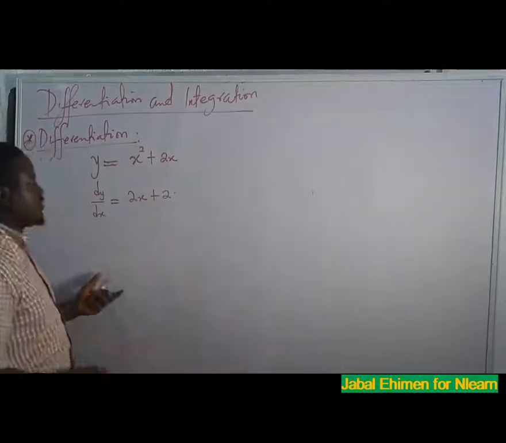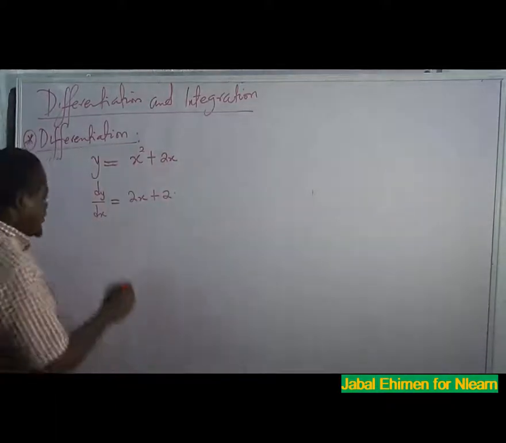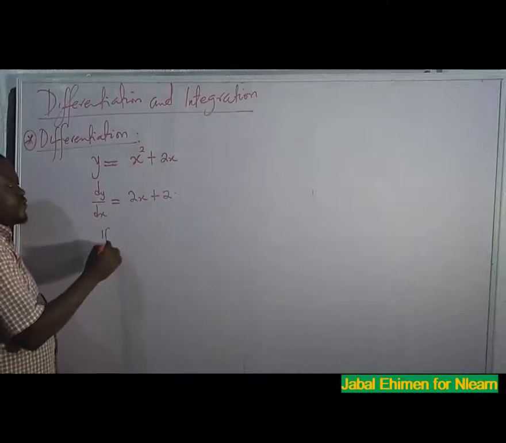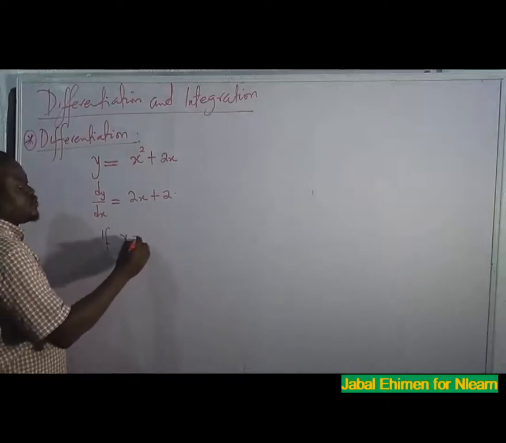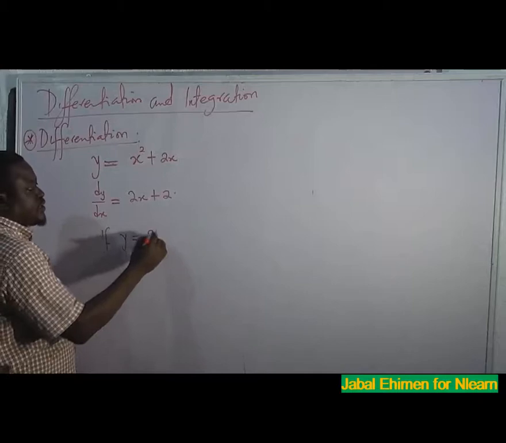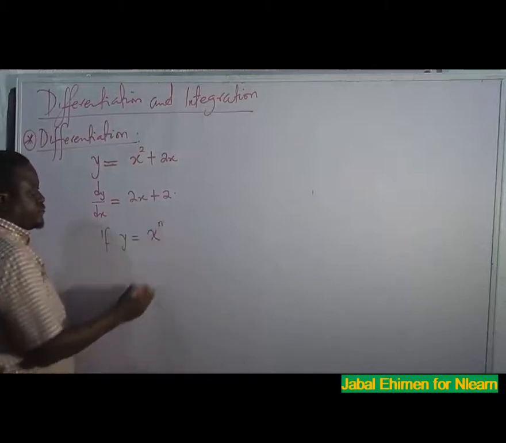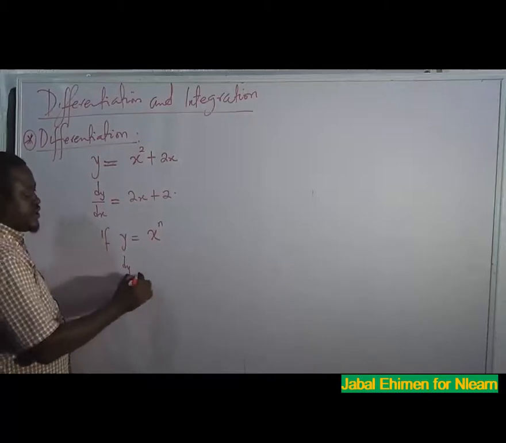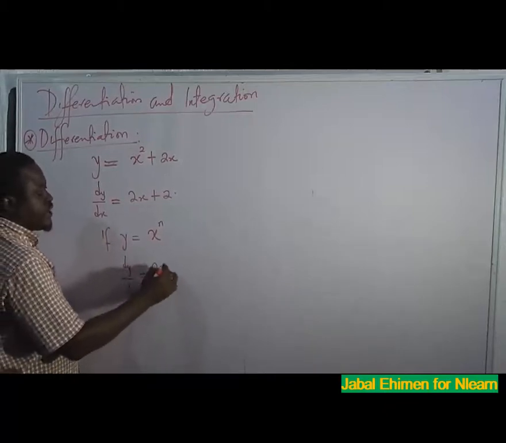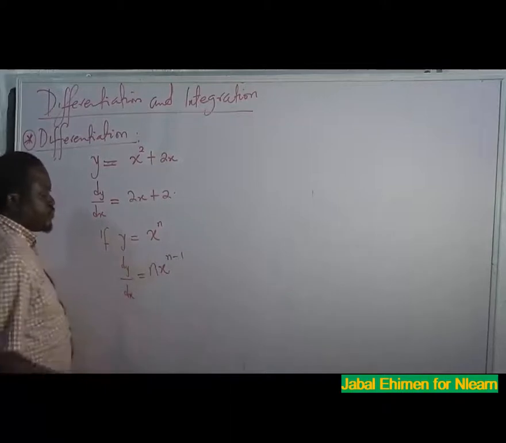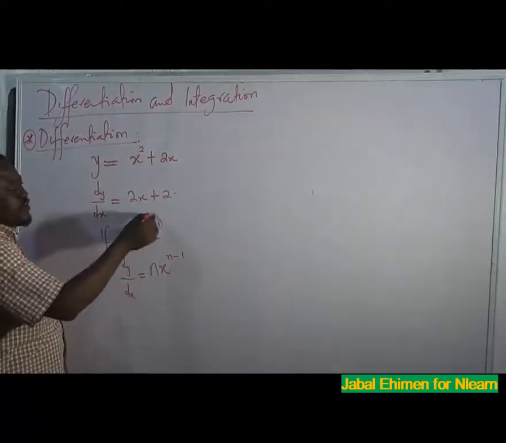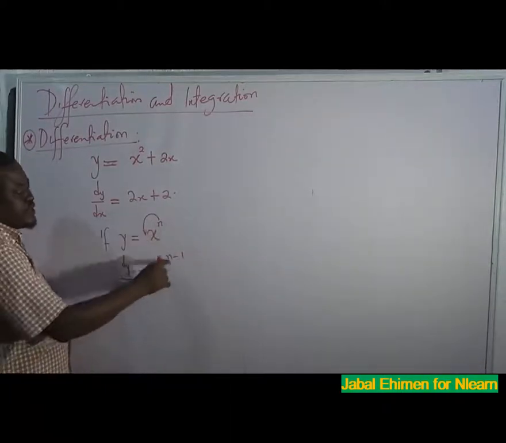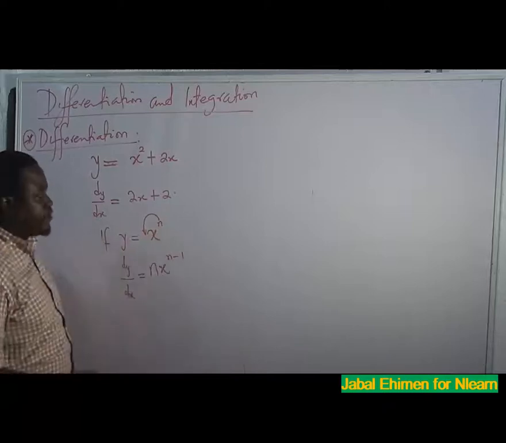And this is gotten from the fact that if y is equal to x raised to power n, dy over dx is equal to nx^(n-1). What it means is you take the value of n down, multiply, then x raised to power n minus 1.